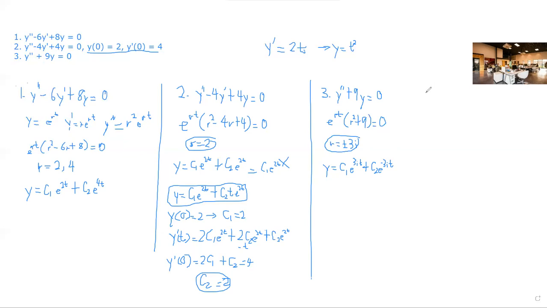But then recall from Euler's formula that e to the power of i theta is cos theta plus i sine theta. And that's what we're going to be using here.